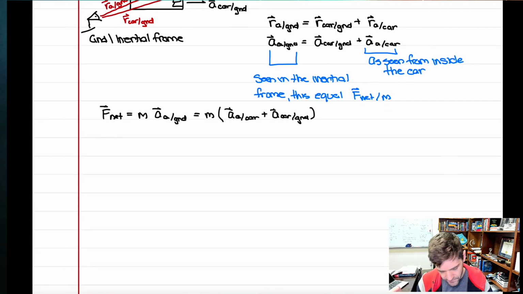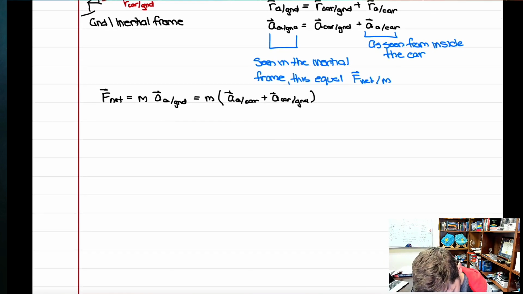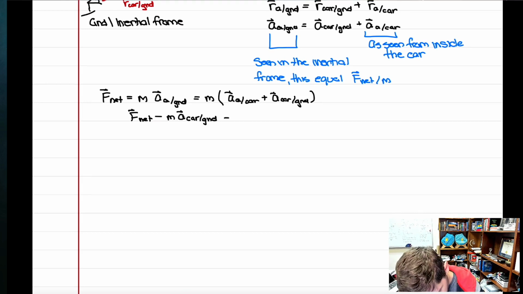Let me move m times the acceleration of the car relative to the ground to the other side. So then you get something like F net minus m times a of the car relative to the ground equals the mass times a of the air freshener relative to the car.